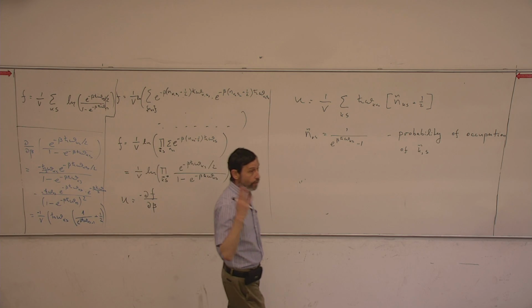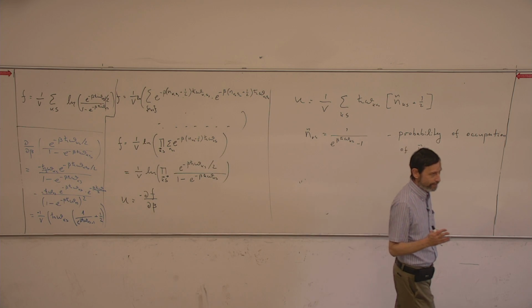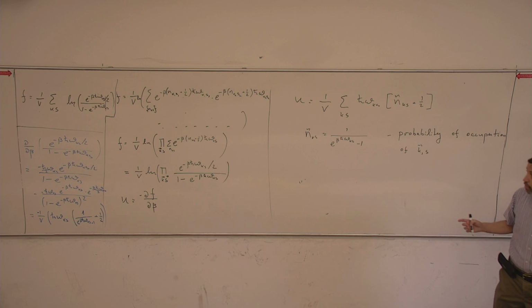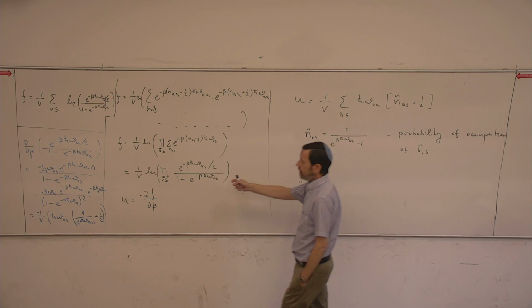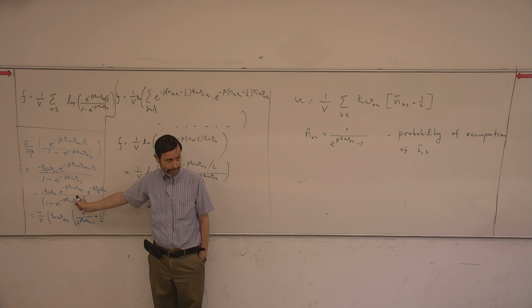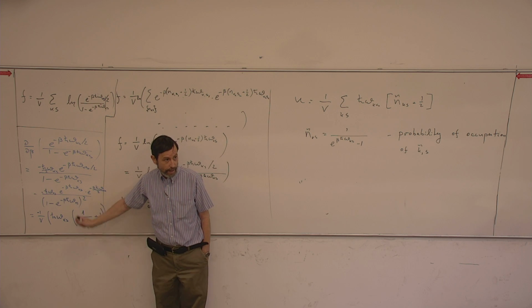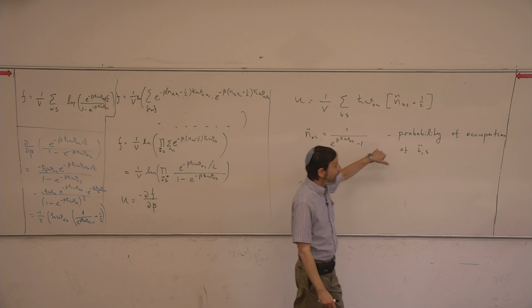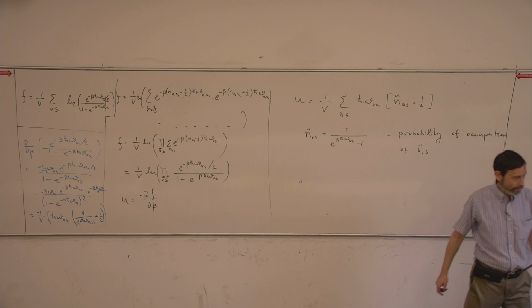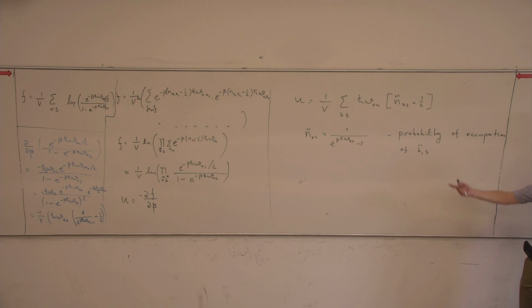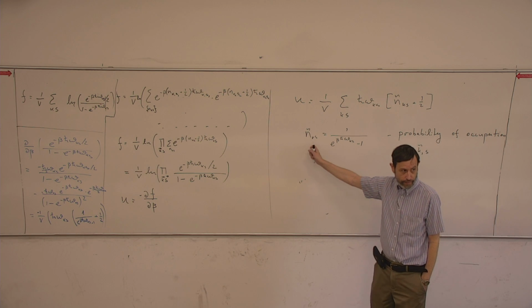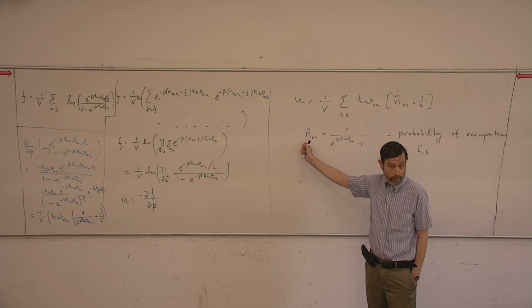A vector of discrete numbers. We did here statistical mechanics, and we ended up with some average value of this occupation, which now can get any value between 0 and infinity, and it doesn't have to be an integer.